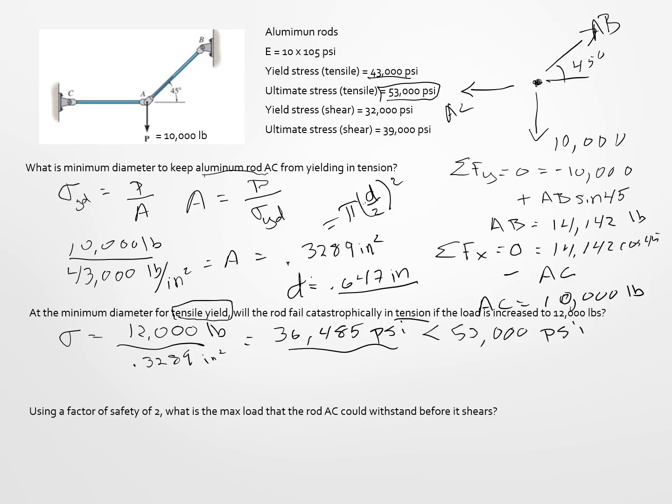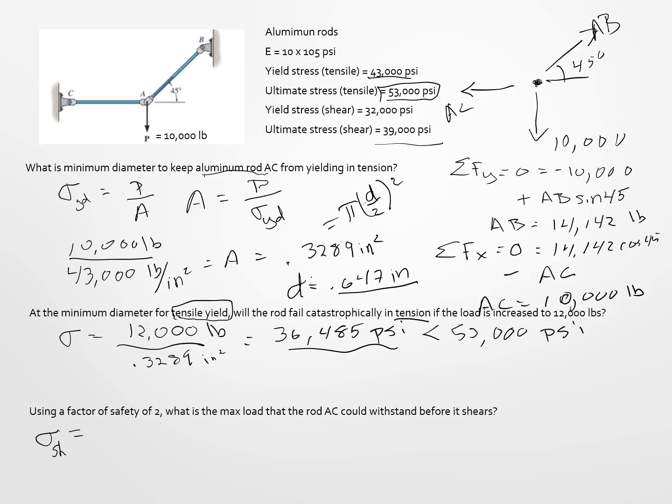And then it says, using a factor of safety of 2, what is the max load that the AC rod could withstand before it shears? So let's see, max load. So we'll use the ultimate stress in shear.